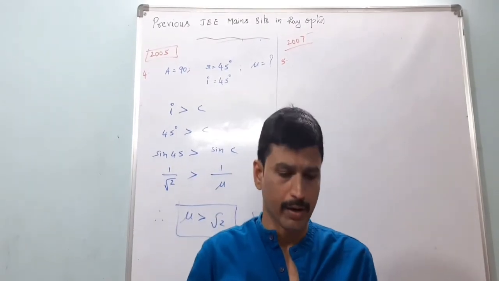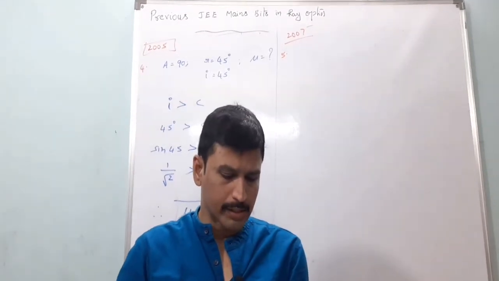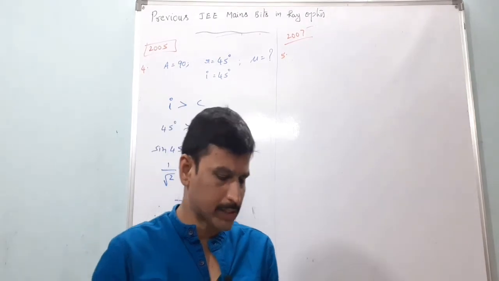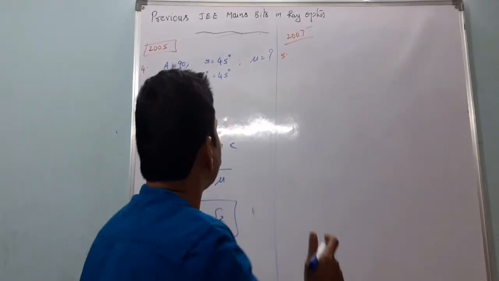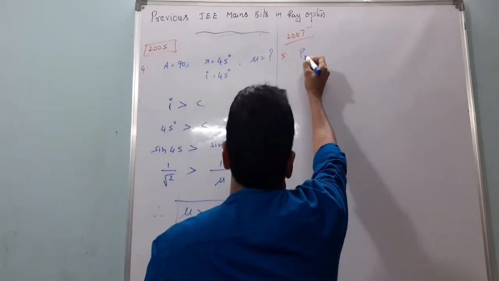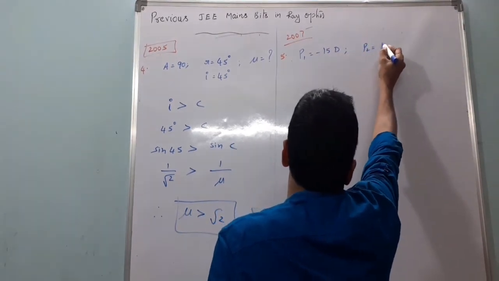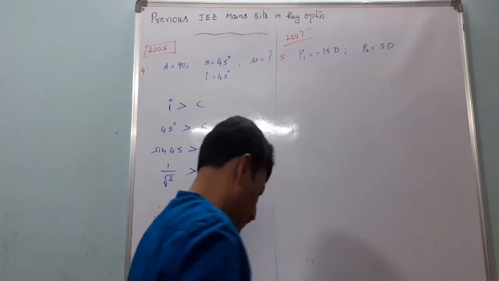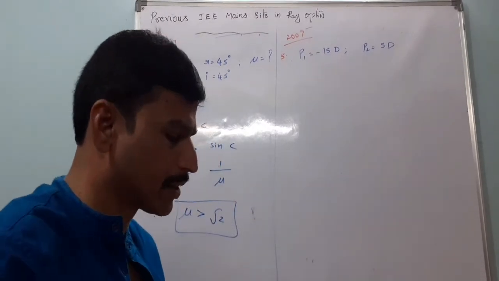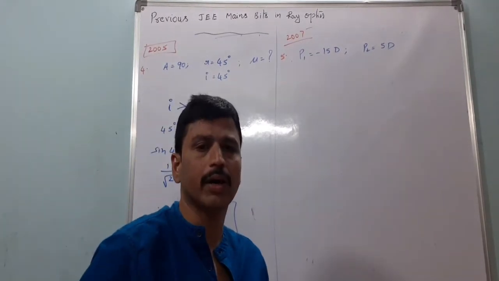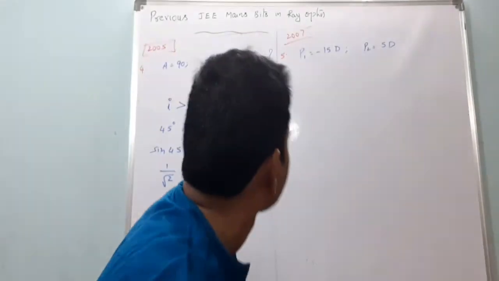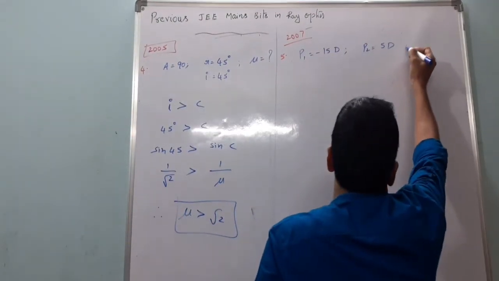Next, 2007. Two lenses of power minus 15D plus 5D. So the given data is power P1 is equals to minus 15D, P2 is equals to 5D. Are in contact with each other. The focal length of the combination is.